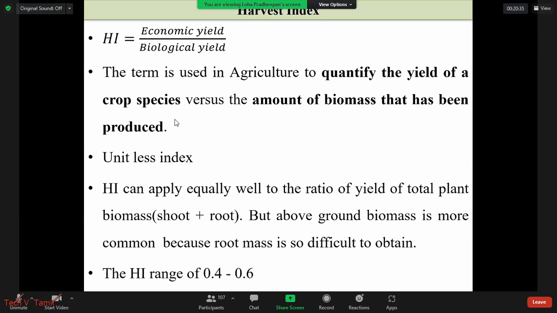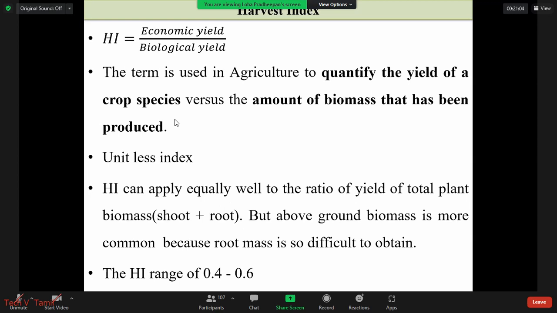If we plot the dry weight with time, we get points. If we join those points, we get the growth curve, which in plants is sigmoidal in shape. That can be divided into 5 stages: lag phase, exponential phase, linear phase, decline phase, and negative phase.